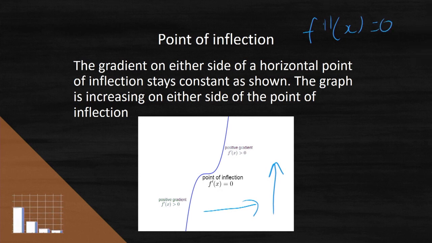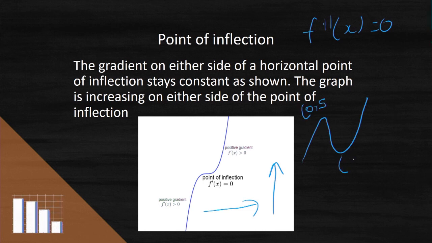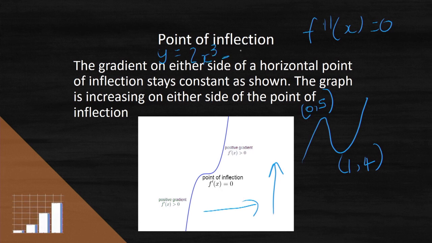Another way that you can find the point of inflection: say I have this graph, and we know the turning point there is (0, 5), and we know the turning point here is (1, 4). Say this is the function y is equal to, and you can check this for yourself, 2x cubed minus 3x squared plus 5.